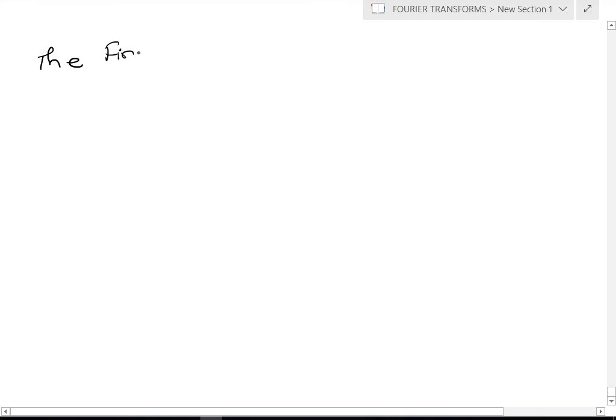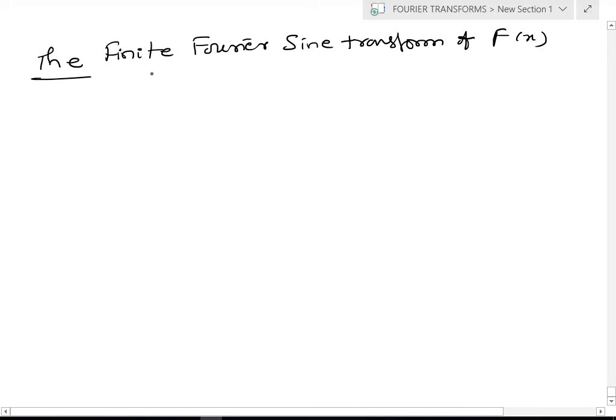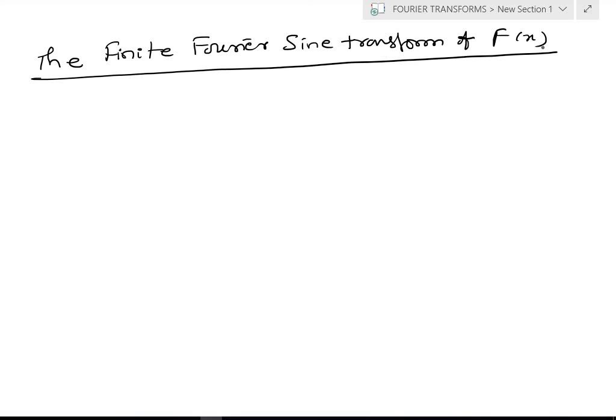The finite Fourier sine transform of f of x. Let's see how we define the finite Fourier sine transform of f of x.